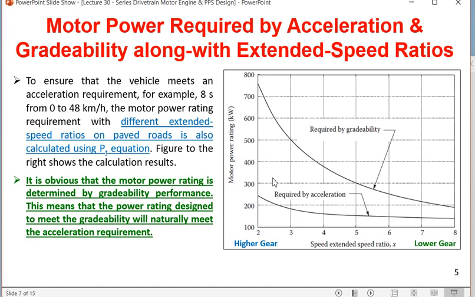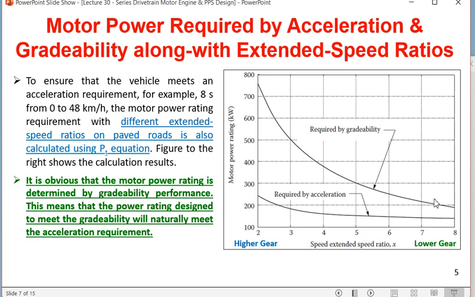For creating more delta Y, that means more change in speed or power, there will be more change in X. To create higher acceleration or attain higher gradability, we have to take more power from the source on the higher gear side.